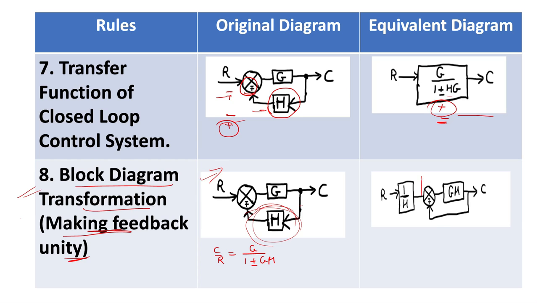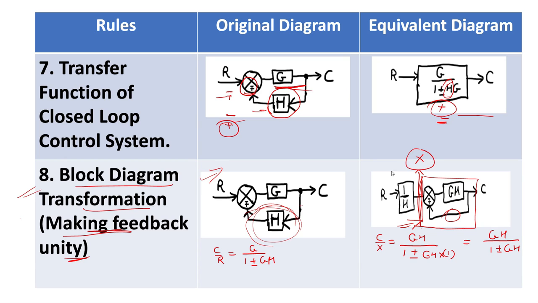And now in this case, if you consider this closed loop system only, and let the input here be X, then for this particular closed loop system, you can say that C upon X is what? GH means forward path element upon 1 plus minus forward path element into the feedback element, which is unity here. So you get C upon X is equal to GH upon 1 plus minus GH.